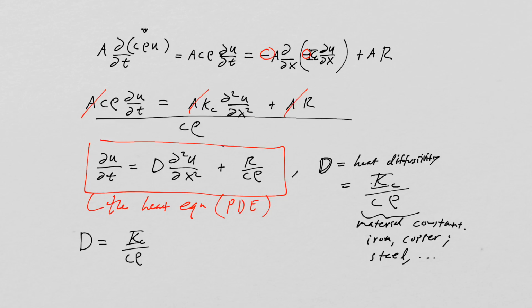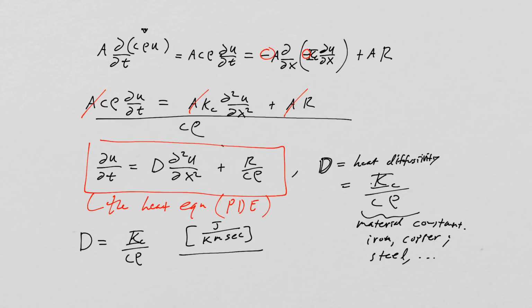Let's remind ourselves that the numerator had a parameter of joules per Kelvin meter second. Okay, and specific heat had units equal to, let's see here, let's see if I can remember what it is.